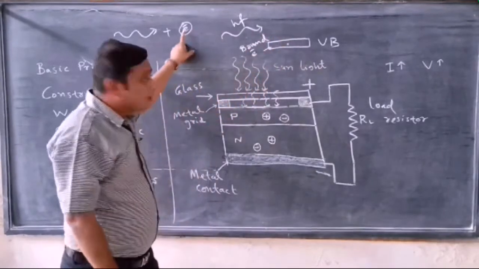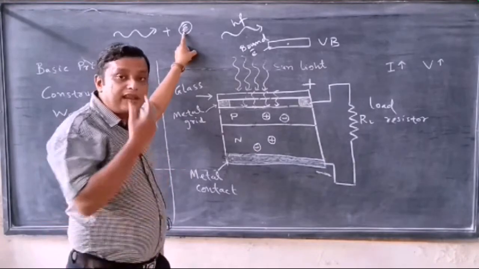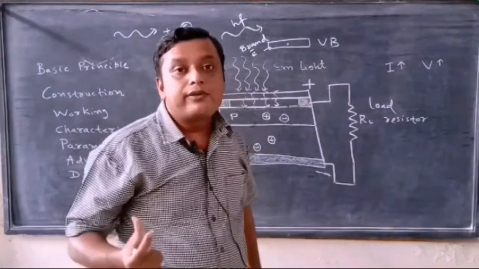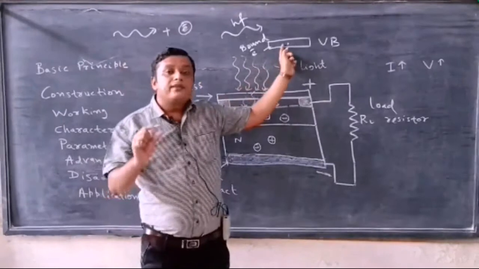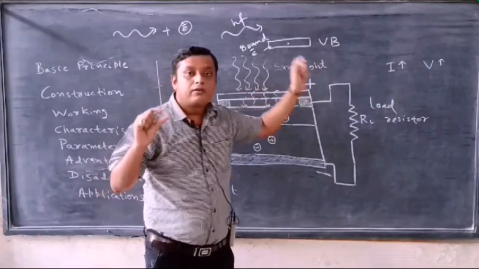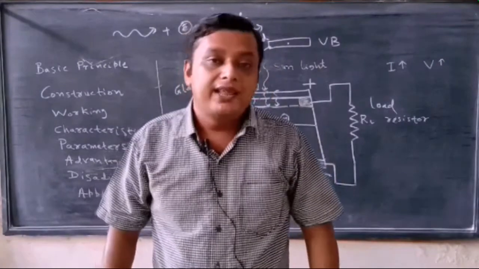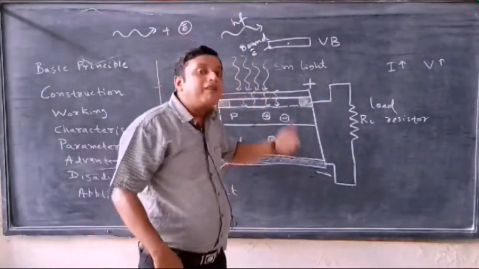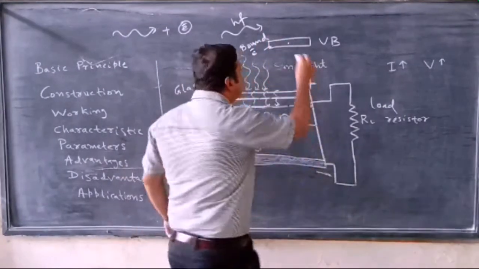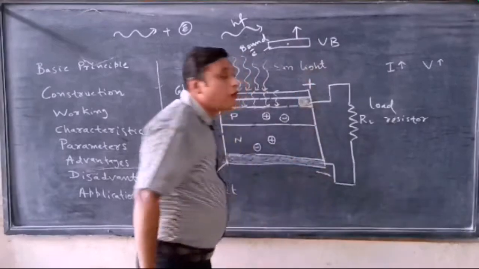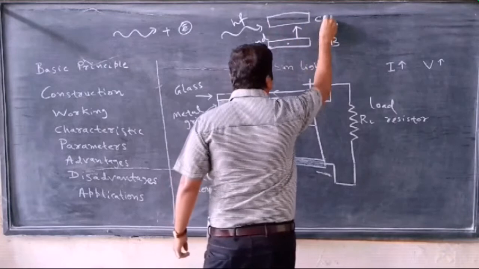So the energy of the electron is increased, and if the energy of the electron is increased, this electron is no longer available in the valence band, but it will make a transition from the valence band to the conduction band.